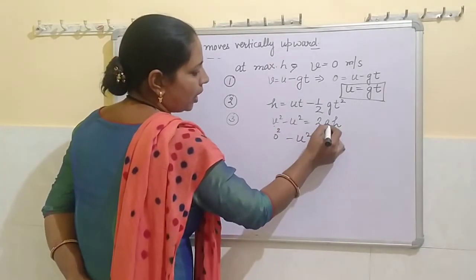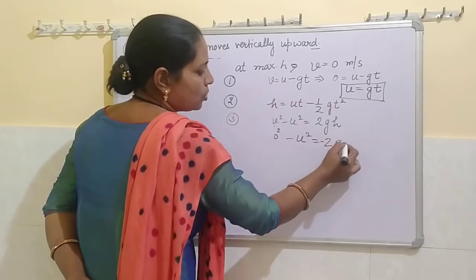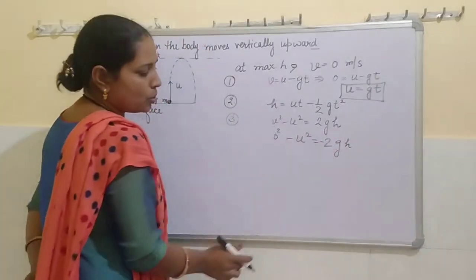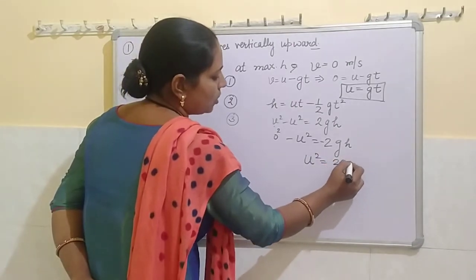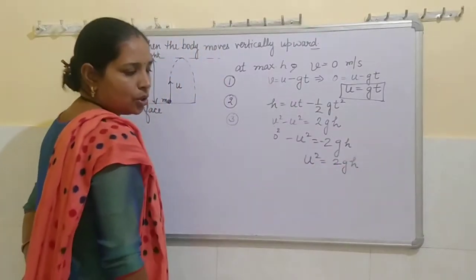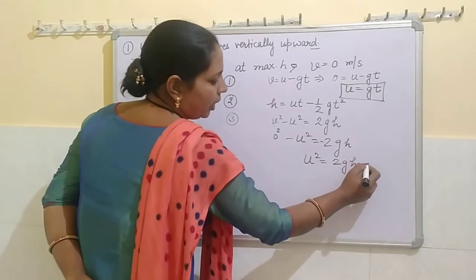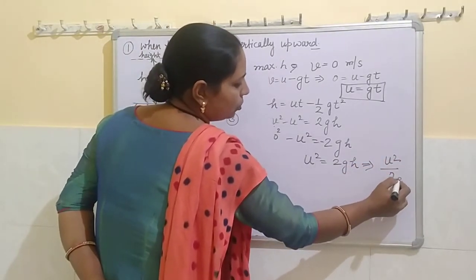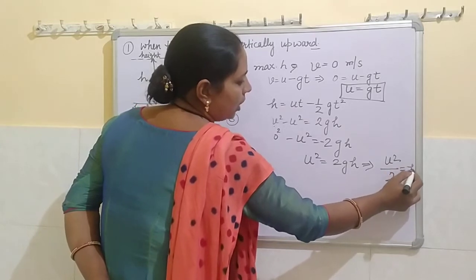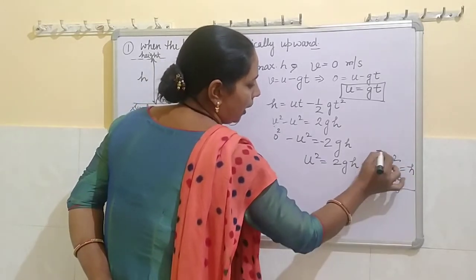The value of gravity is minus here, so we will use minus sign also. We are left with an expression that u square is 2gh. We can easily calculate h from here. That is u square by 2g, which gives the value of maximum height.